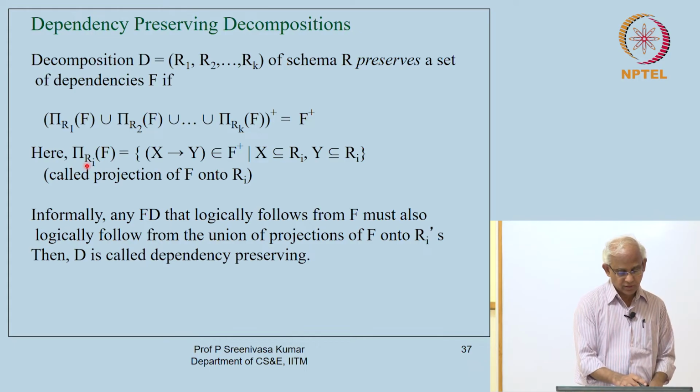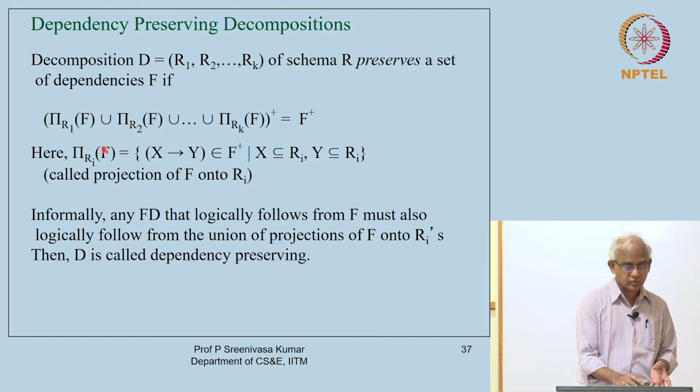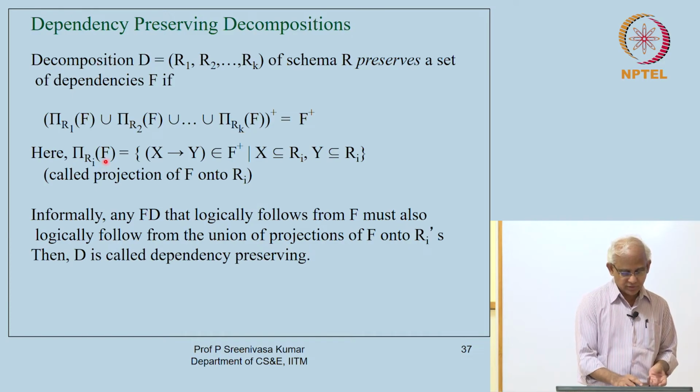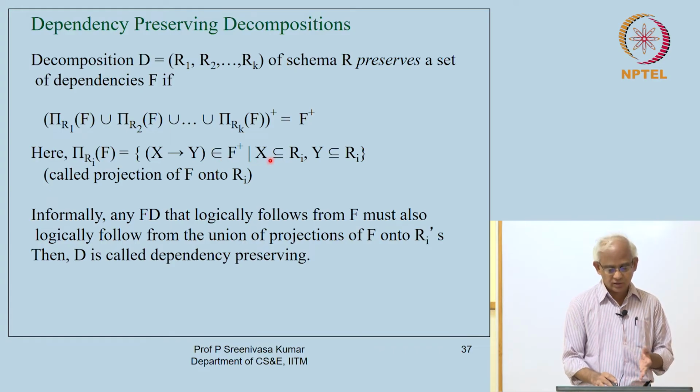Normally we use pi for projections of data, but here we are slightly misusing the notation because it is convenient. We are applying it on a set of functional dependencies. It is defined like this: the set of all functional dependencies in the closure whose left hand side and right hand side are part of this Ri.